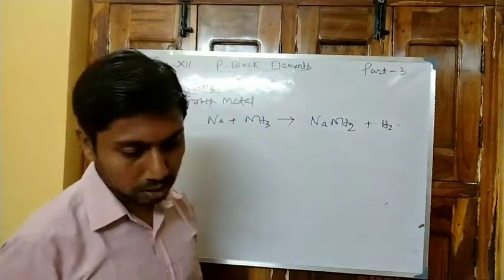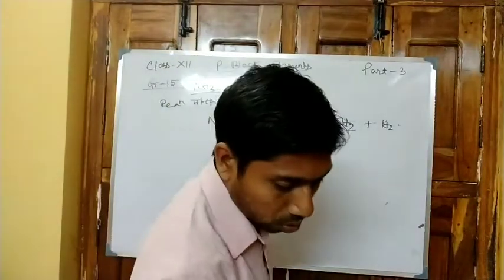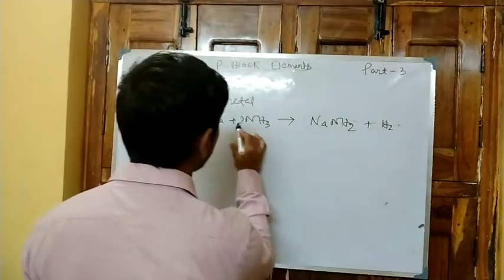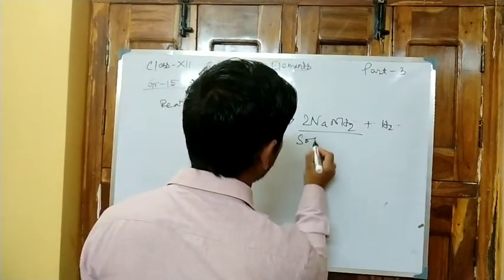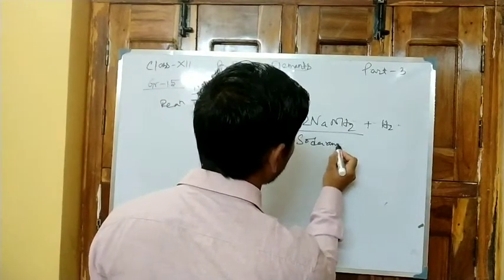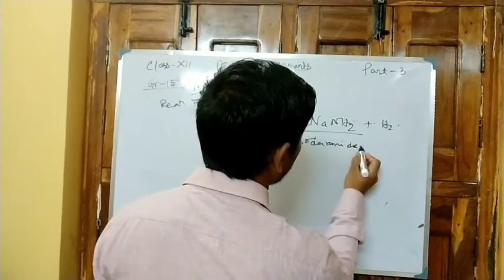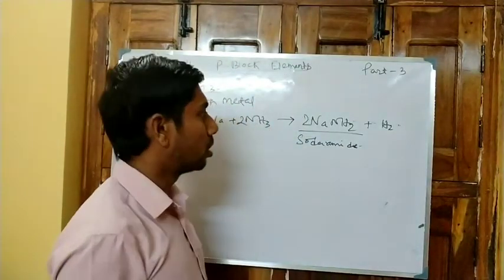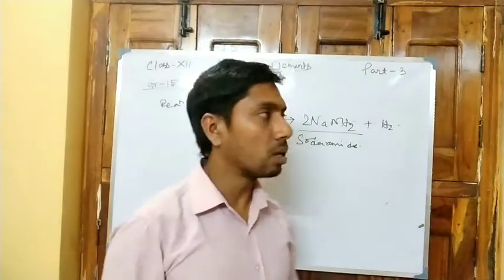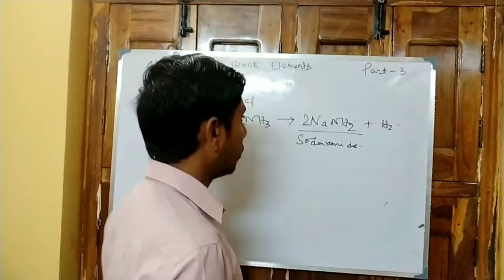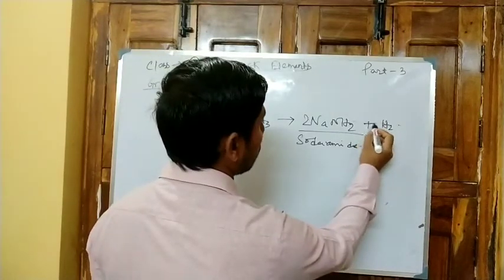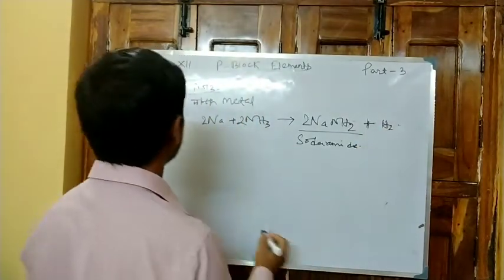Na plus NH3 gives NaNH2; 2Na plus 2NH3 gives 2NaNH2 plus hydrogen. This is sodamide. It is an important compound used in organic chemistry, that is, it is a reducing agent and used to treat some organic reactions.